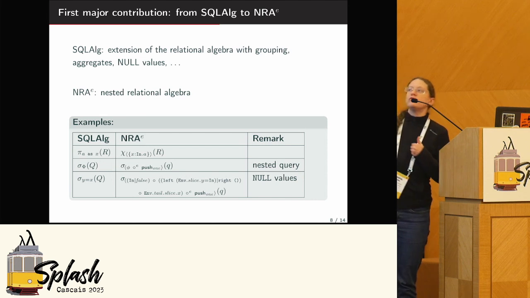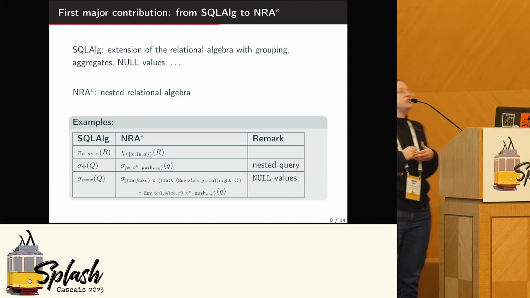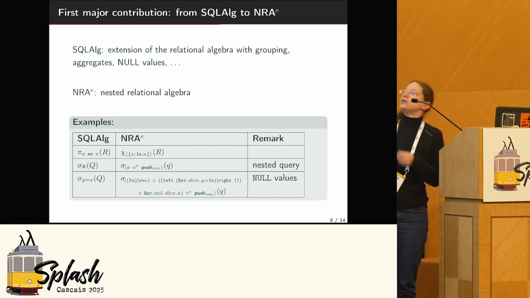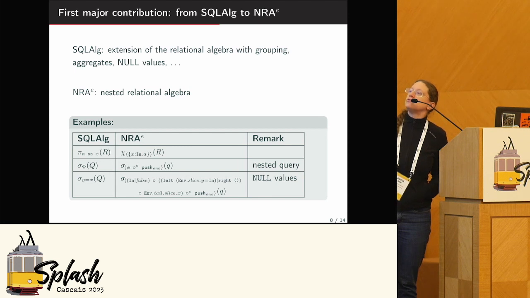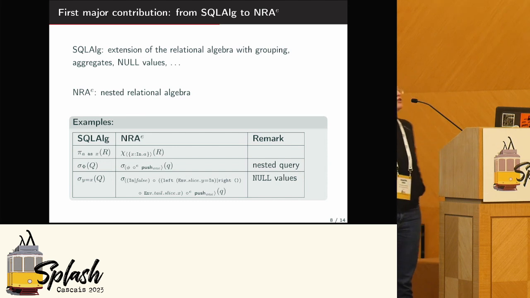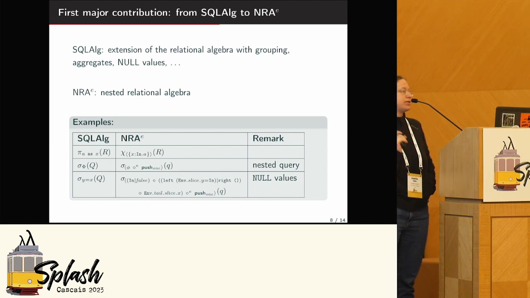But if we look, for instance, at filters, it's not just translated as a filter. So here, the formula big phi is translated as small phi. The internal query Q is translated as small q. But we have to add something here to reflect the fact that the scope is going to change. Okay, I won't have time to enter into the details.